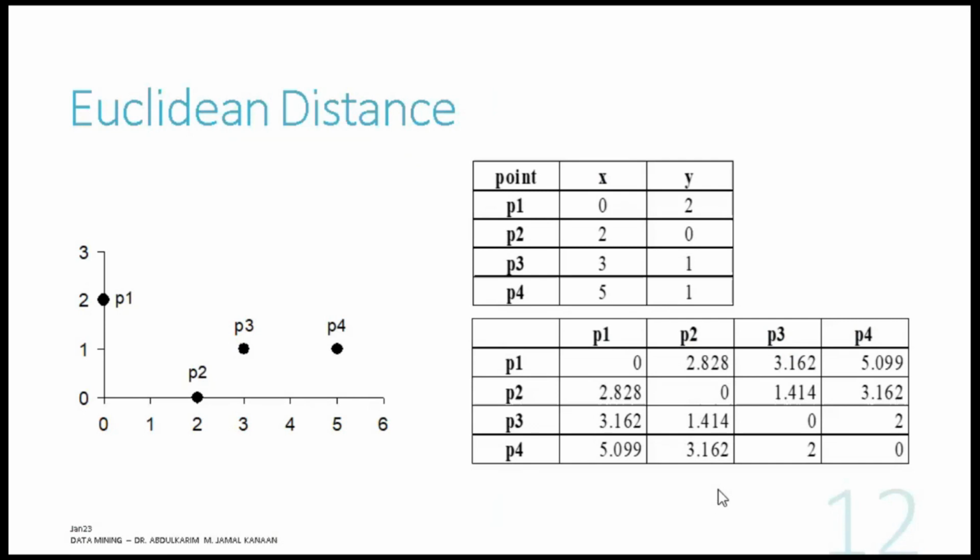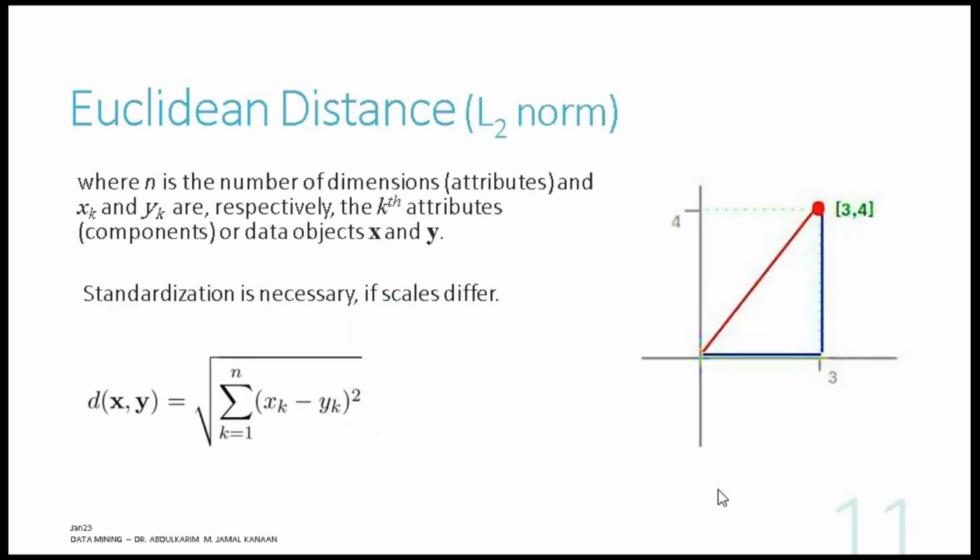There is no distance between P2 and P2 itself, or P3 and P3. Then you calculate the distance between P1 and P2 using Euclidean, P1 and P3, P1 and P4. Here is an example if you wish to do the calculation on your own. The answer is here: just substitute in the Euclidean distance equation.